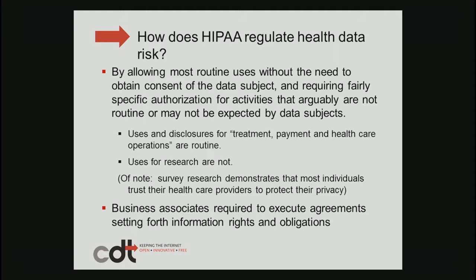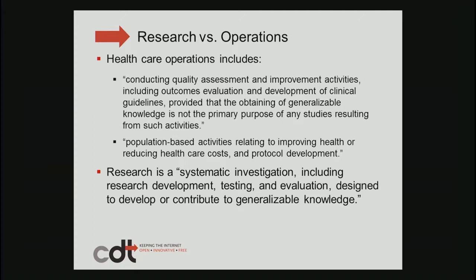But then they say you have to get the patient's authorization for the non-routine tasks, or the tasks that might be considered more extraordinary, or maybe not as expected by patients. Or maybe it's really just a historical antecedent, for example, that research requires authorization. And then these business associates that I talked about, these contractors, have to sign agreements agreeing to protect the data. So that's another way that HIPAA tries to manage risk.